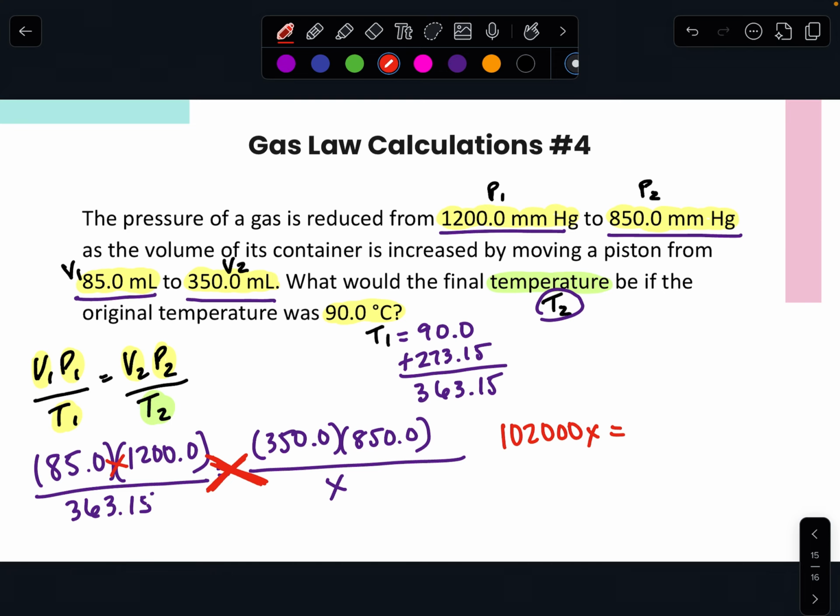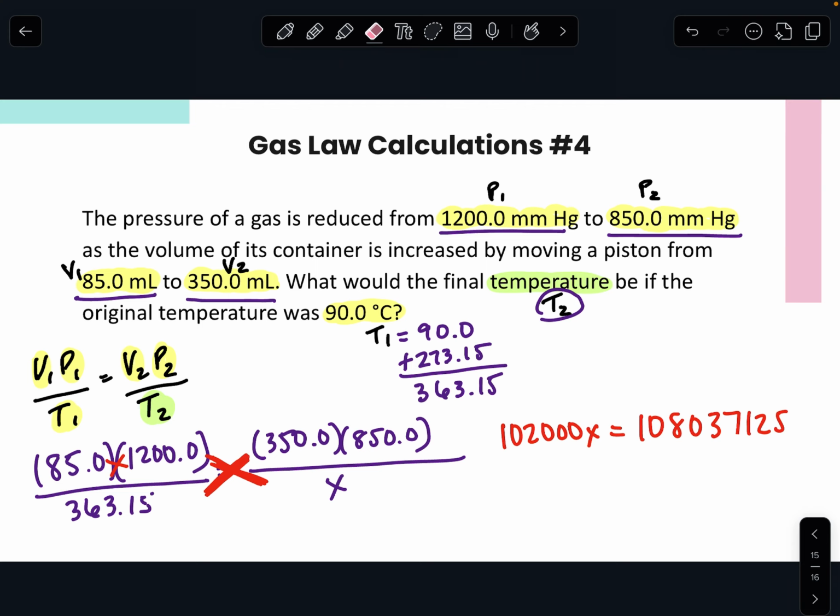Now I have to cross this way. 363.15 times 350.0 times 850.0. This is a big number. 108037125. Okay, so I'll write these numbers in.